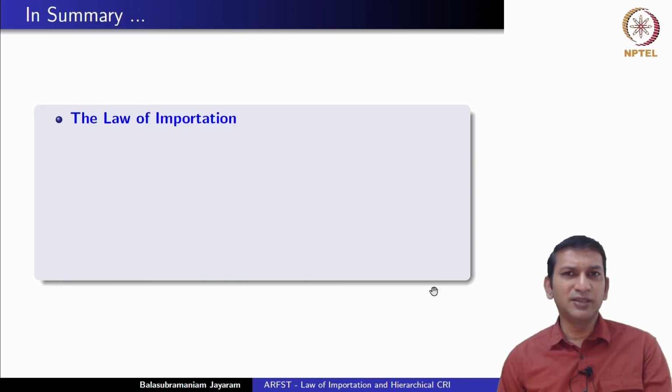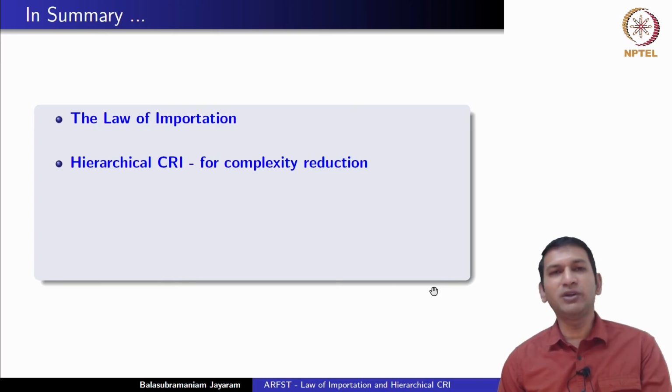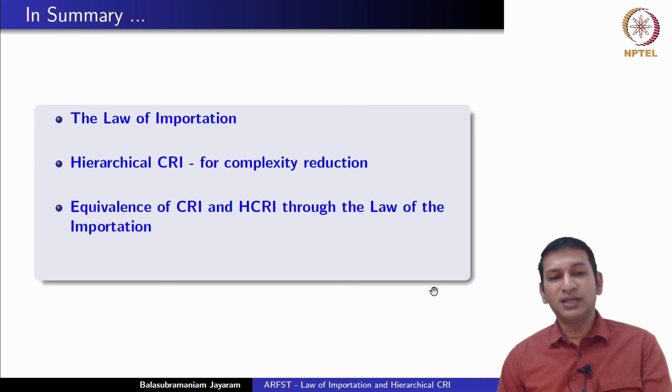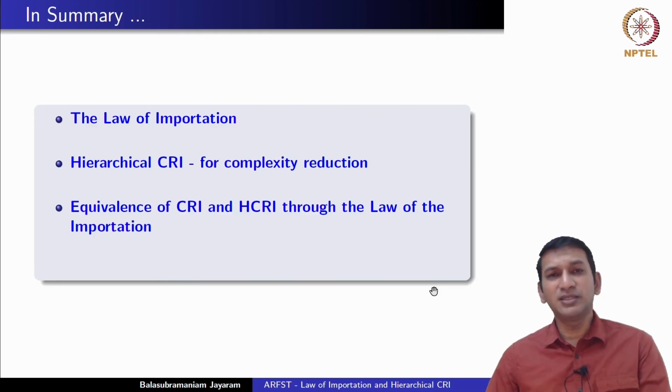But in this lecture, because CRI was computationally pretty inefficient, we moved to the hierarchical version of CRI for complexity reduction. However, we found that the outputs obtained from the hierarchical CRI were not equivalent to that of CRI, and that is where we found that the law of importation comes to a rescue and says, okay, if the operations involved satisfy this property, then we can ensure the output obtained from CRI is the same as that obtained from a hierarchical CRI scheme.